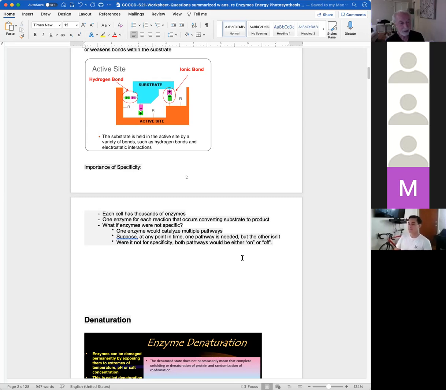So that's why there's this extreme specificity between enzymes and substrates, and that specificity is based primarily on shape. The substrate has to fit into the enzyme. So do you see the point here, that if you had more than one substrate per enzyme, regulation would break down? Makes sense. Okay.